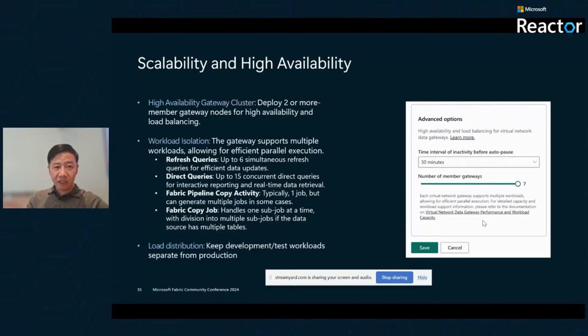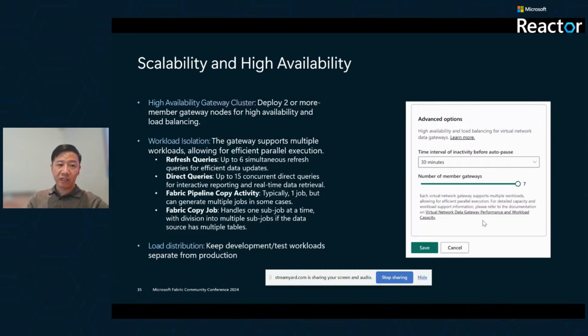So look at the scalability and high availability. There's something that needs to be mentioned: we have workload isolation. Multiple workloads can run in the VNET gateway, like refresh queries through Power Query, direct query in the mashup, and also Fabric pipeline copy activity and Fabric copy jobs. They run in an isolated workload mode, and they have their own limitation and capacity in the VNET gateway.